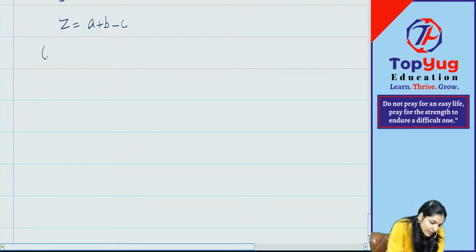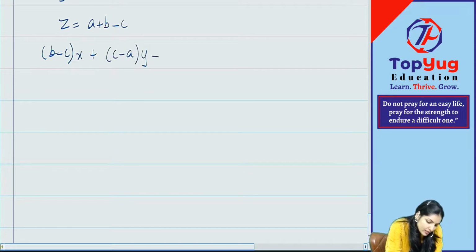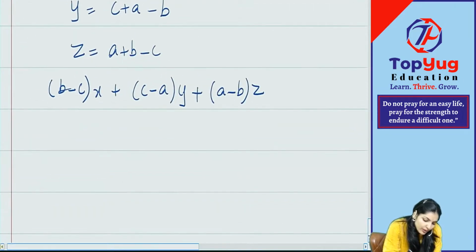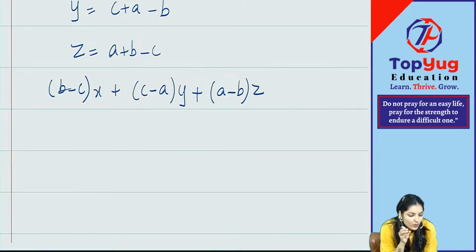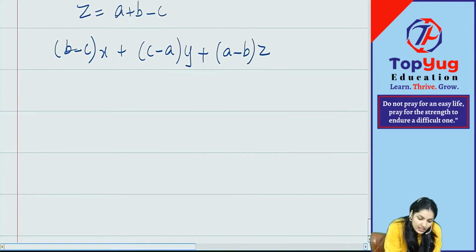So the equation is b minus c into x plus c minus a into y plus a minus b into z. They are asking what answer we get if we sum this. If I use the k method, it will become very lengthy. This is very easy.